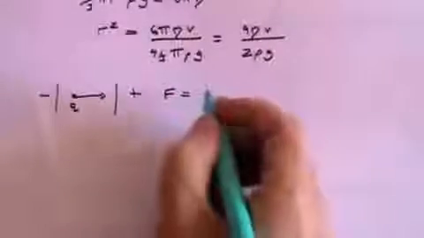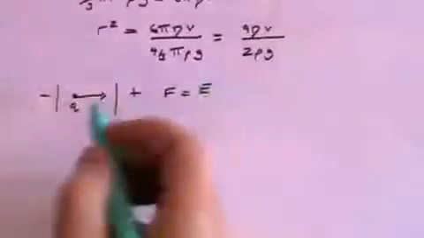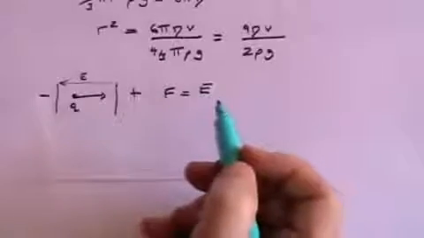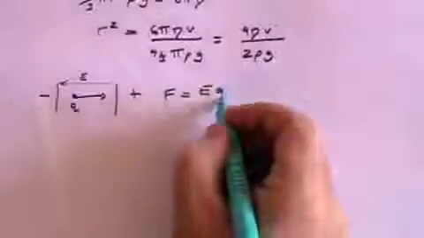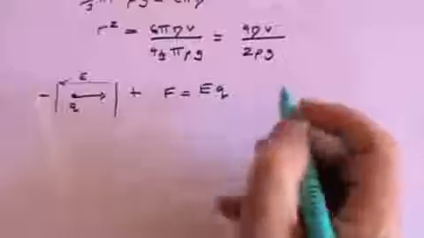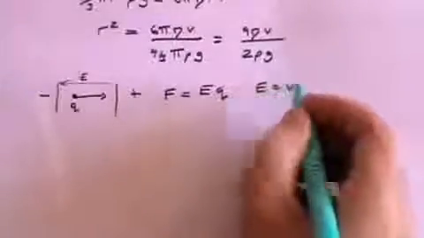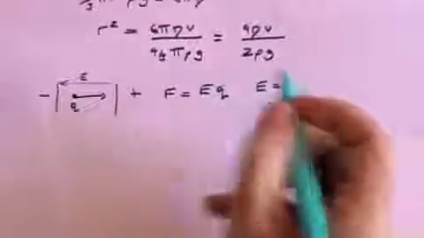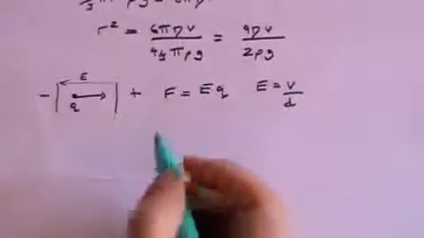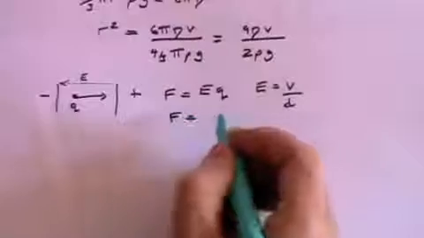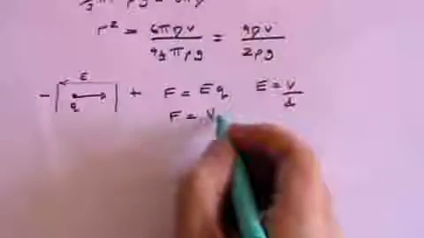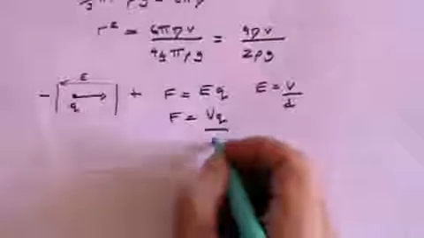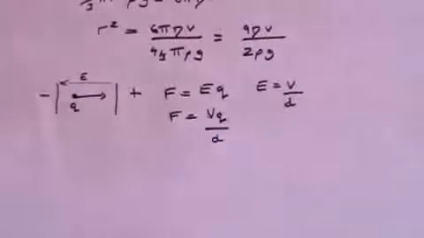The force will equal the electric field, which is essentially the field that operates between the plates, multiplied by the charge on the particle, and the field is equal to the voltage across the plates divided by the distance between the plates. And that gives you that the force is V, the voltage, times Q, the charge, divided by d, the distance between the plates.